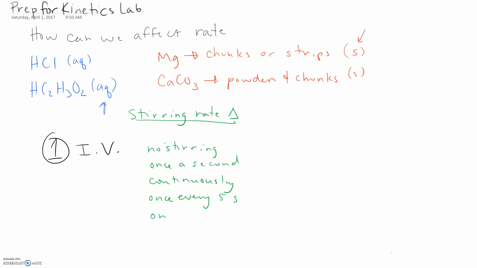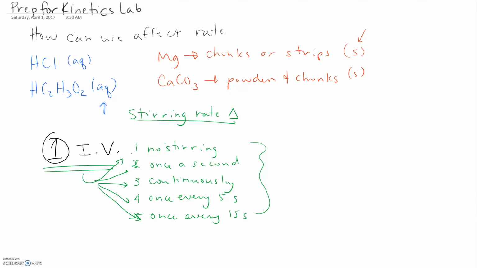Or you could stir once every 15 seconds. Now I'm making these things up. I'm not telling you this is what you should do. I'm just using this as an example because for every one independent variable we change, we need 5 iterations. 2, 3, 4, 5. We need 5 changes within that one independent variable that we have selected.